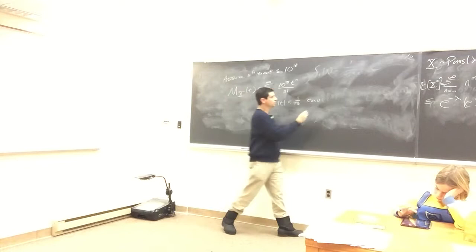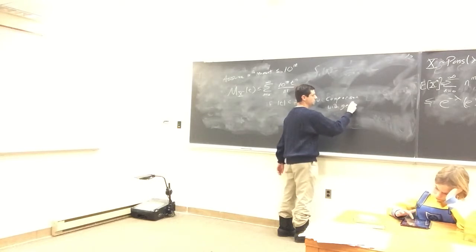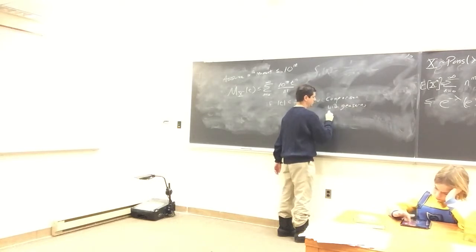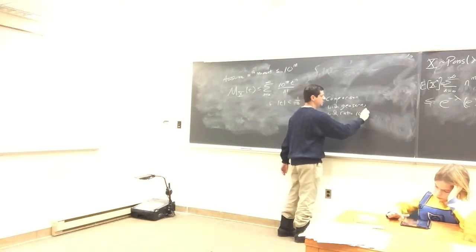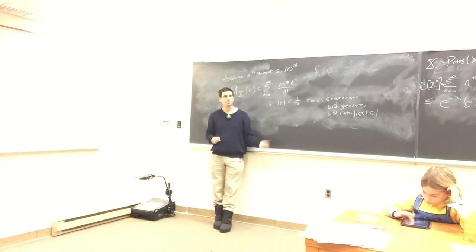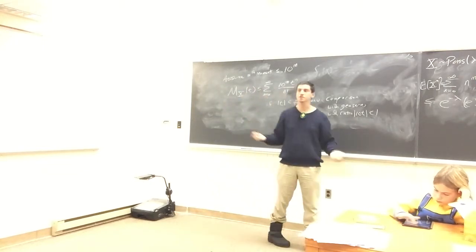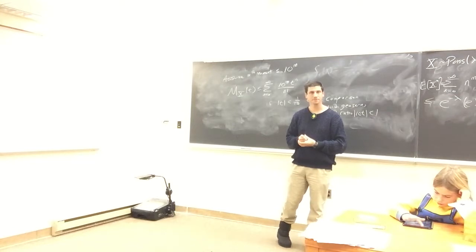It'll be comparison with a geometric series with ratio 10t, which is less than 1. So does everyone agree that this will converge if the absolute value of t is less than 1/10? So this is enough to show that it converges in some neighborhood of the origin.